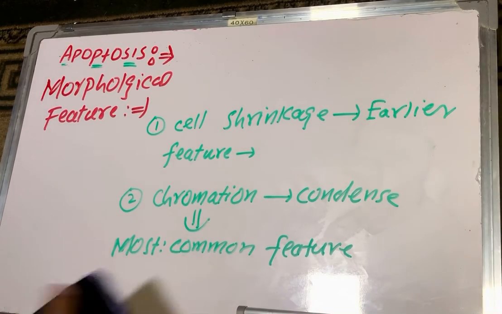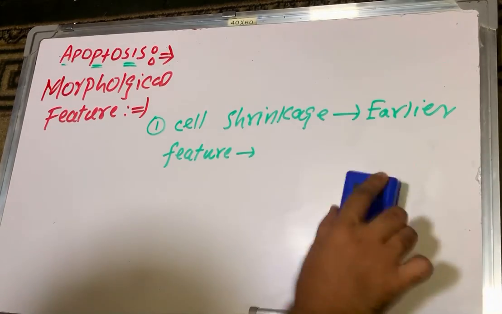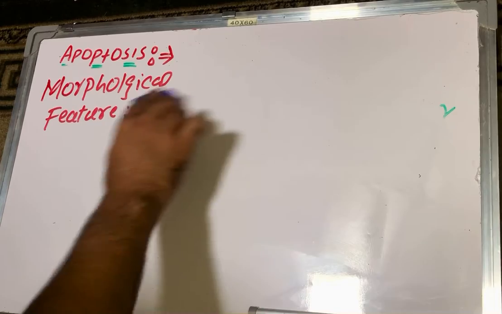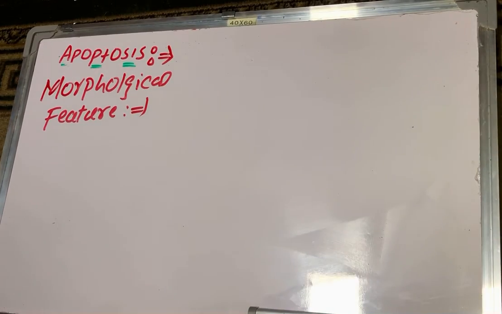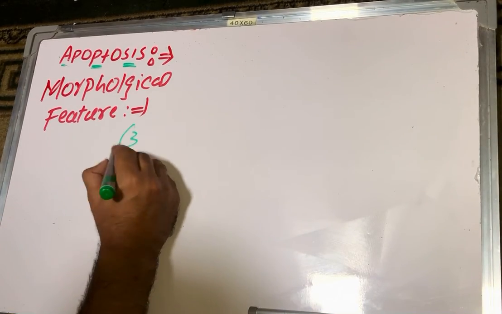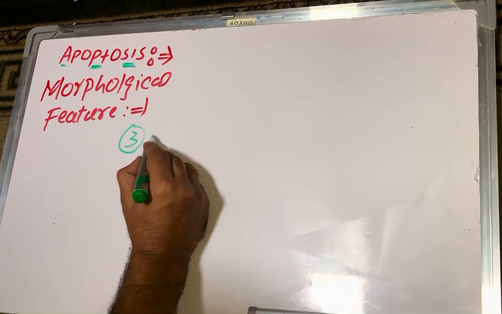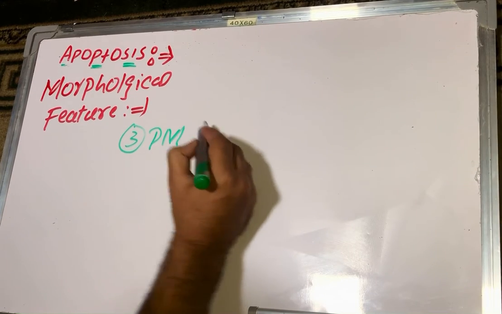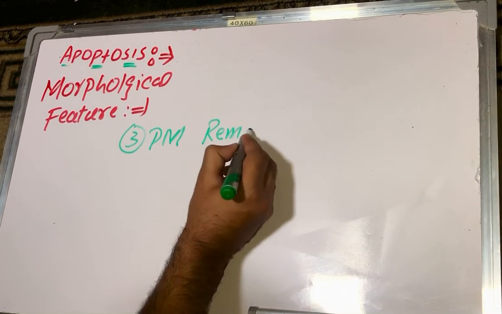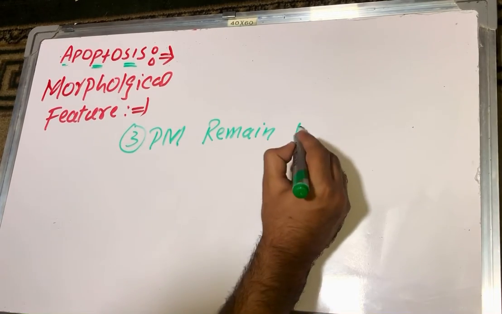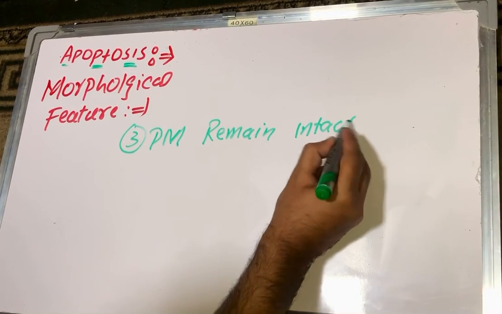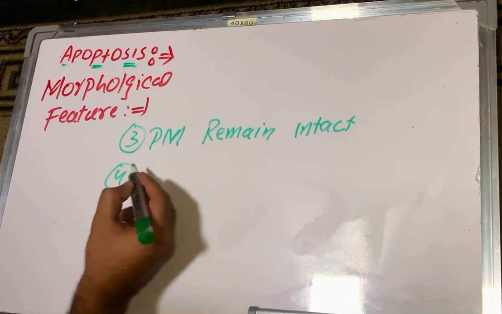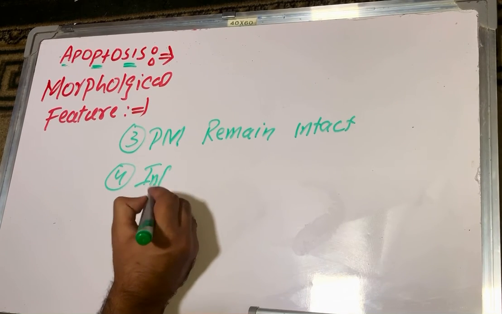Number third, we had already discussed that during the process of apoptosis, the plasma membrane remains intact. Number 4, inflammation is absent.